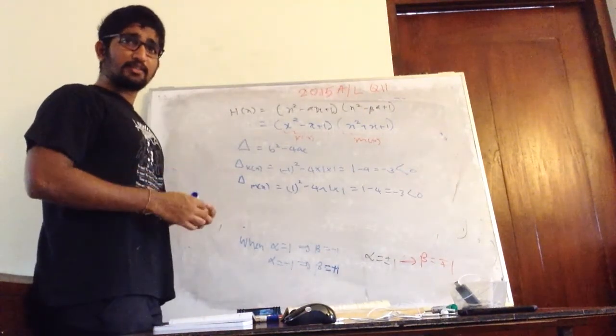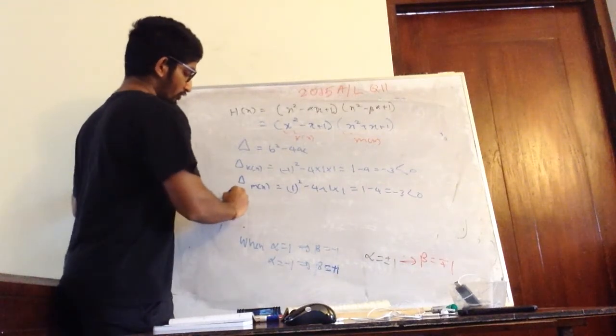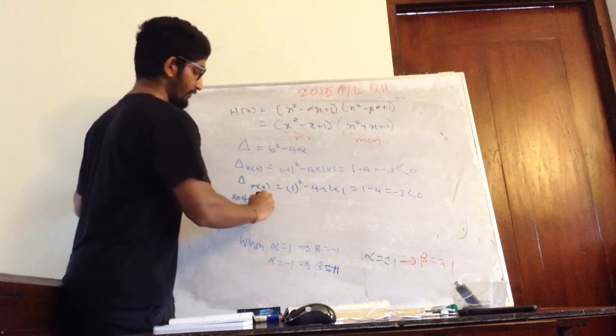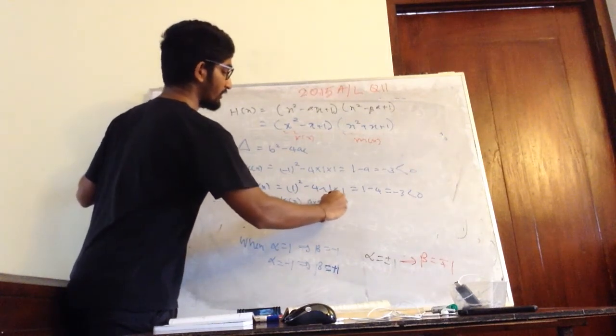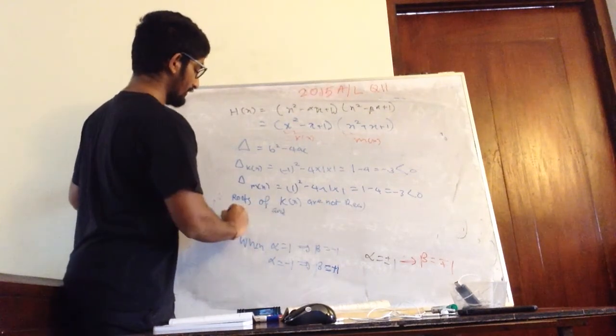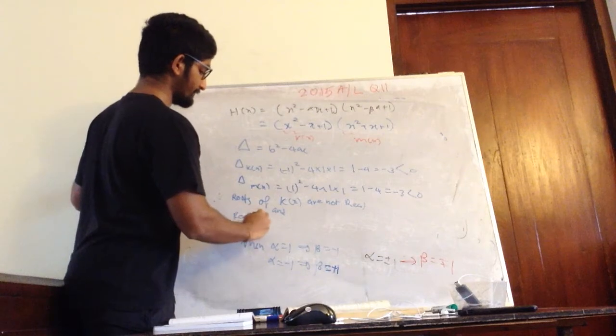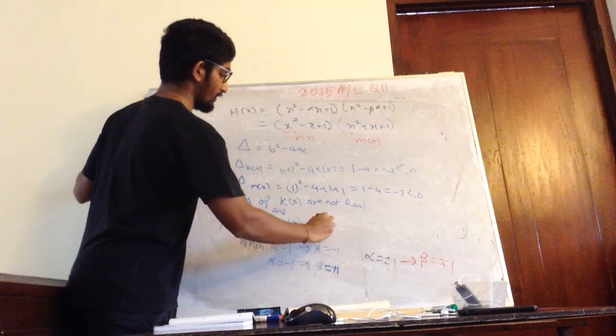Right, so what does this say? Therefore roots of k(x) are not real and roots of m(x) are not real.